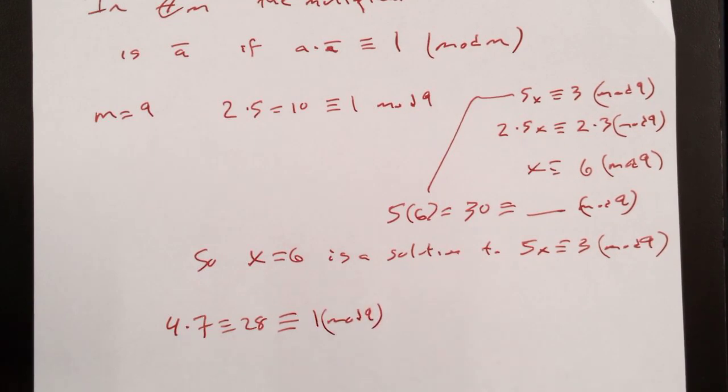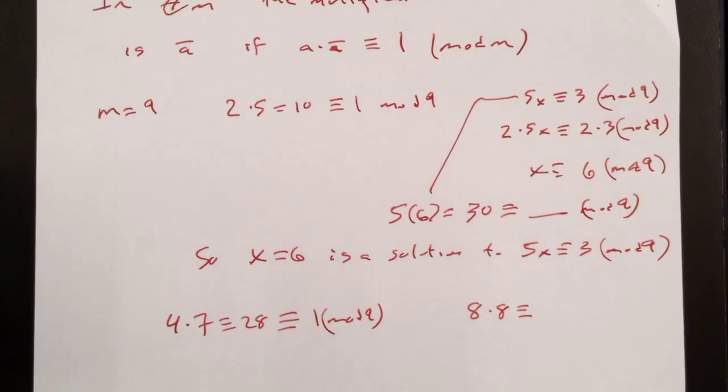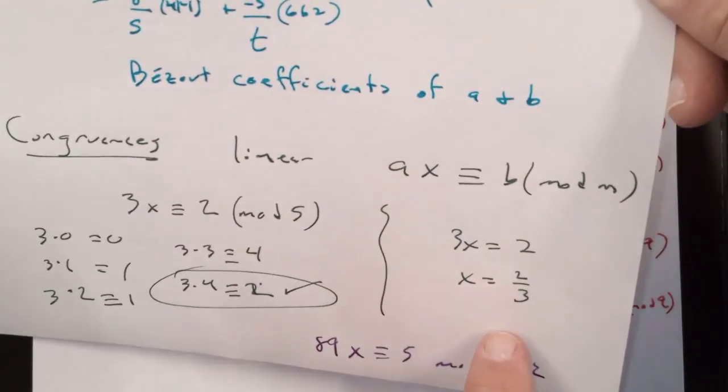So if I had an equation like 7x equals something or 4x equals something, I could multiply by the other one and I would solve the equation. 8 times 8 is 64, and when I mod that by 9, I get 1. So if I have an equation that says 8x equals something, I multiply by the inverse of 8, which is 8. So if I know the multiplicative inverse, I can play this game and multiply by the inverse.